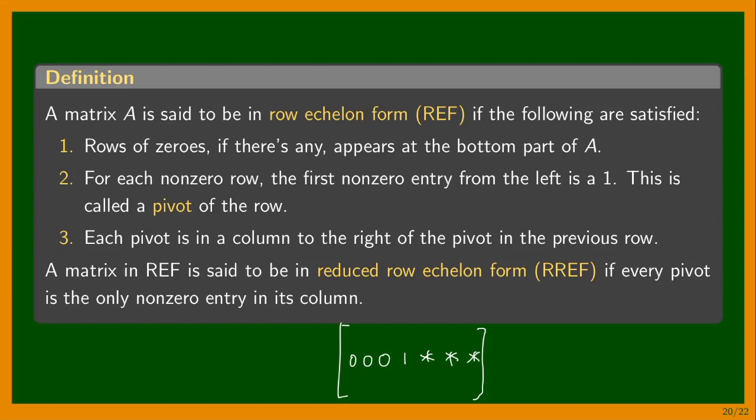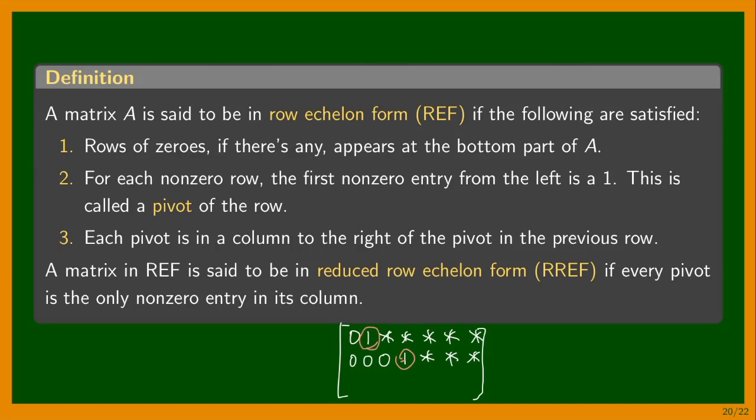Now, let's say there is a row before it, na may previous row. Siyempre, kung naka-row echelon form to, dapat kung non-zero row ito, ang unang entry mula sa kaliwa ay 1 ulit. Tapos ito, something else. So, these are the pivots. You look at the pivots.